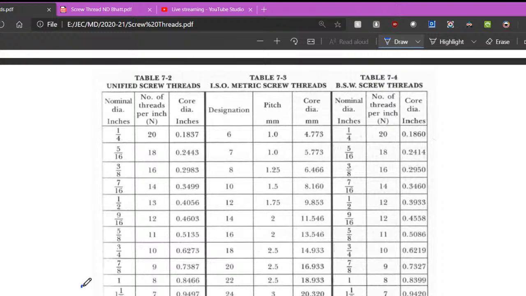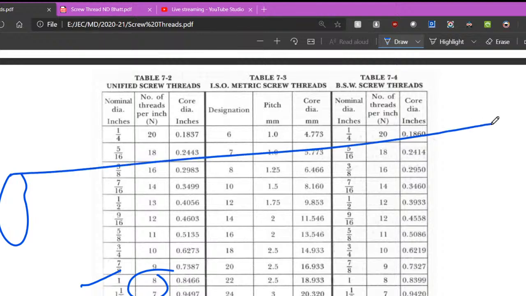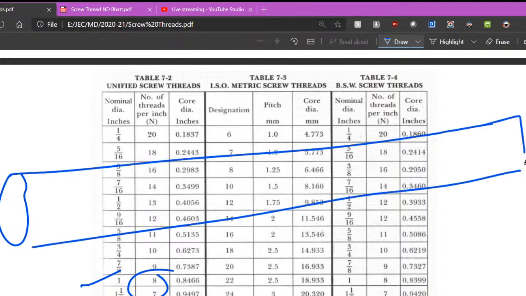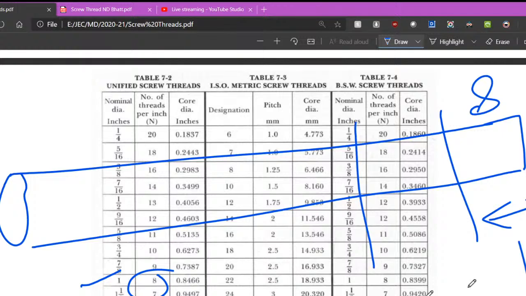When you take 1 inch, you will always prepare 8 threads in 1 inch. The diameter is 1 inch, the length can be any value, and in every 1 inch of length there are 8 threads. So in 2 inch there would be 16 threads.